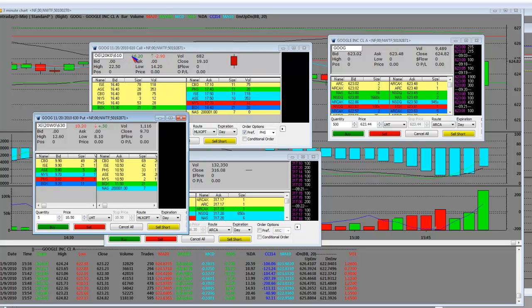So you've got a 610 call that's deep in the money, and you also have a 630 put that is in the money because the equity itself closed at 624.82. And I have seen prices as low this morning as 620.75.